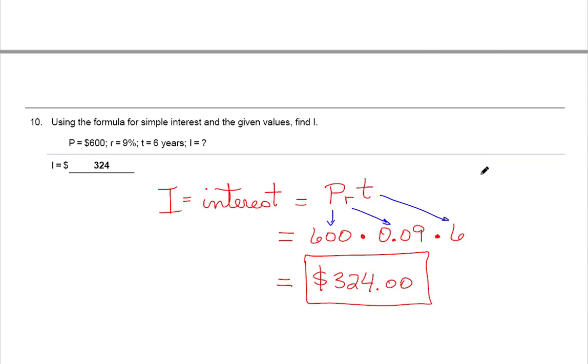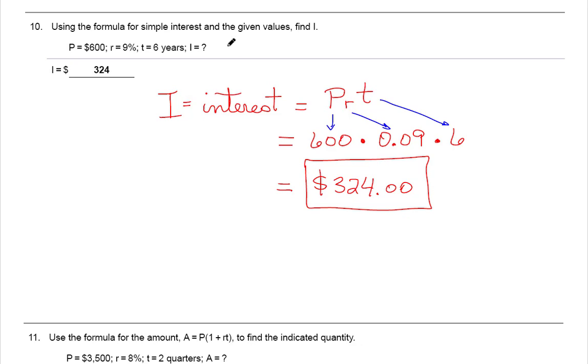All right, question 10. We are given the principal, or the money we have now, is $600. Rate is 9%. Want to keep it for 6 years. How much interest will we earn? Well, in terms of simple interest, there's no compounding going on.